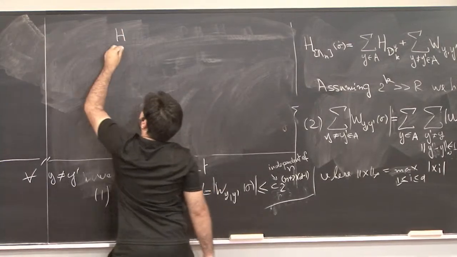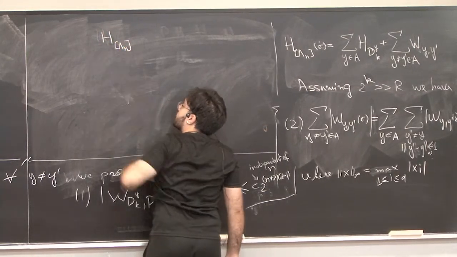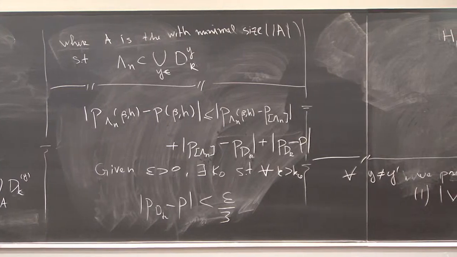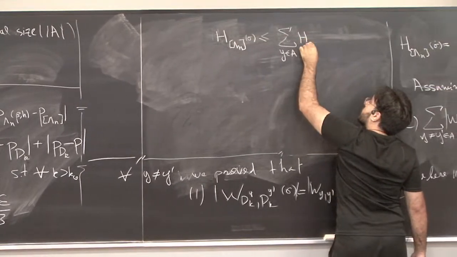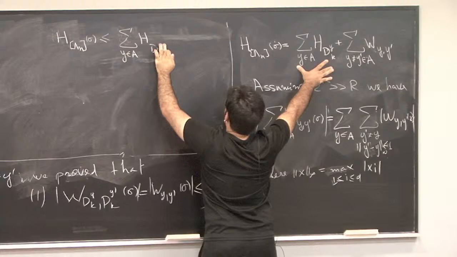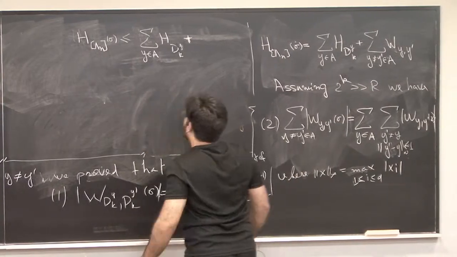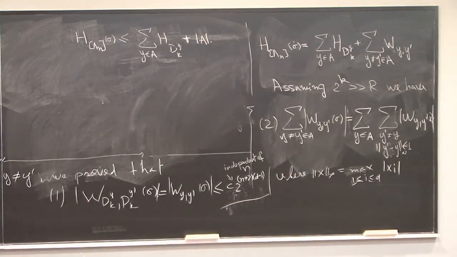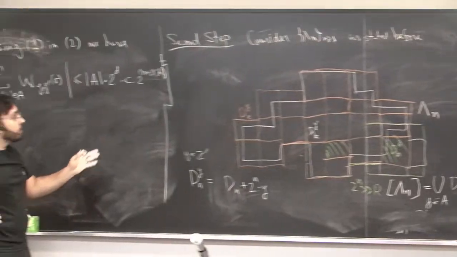The last inequality implies that H in the cover of the finite set lambda n is less than the sum over y in the cover of H dk y, these terms right here, plus the upper bound that we have, which is A times, okay, we will make a deal right now because I don't want to enumerate every constant that I get.